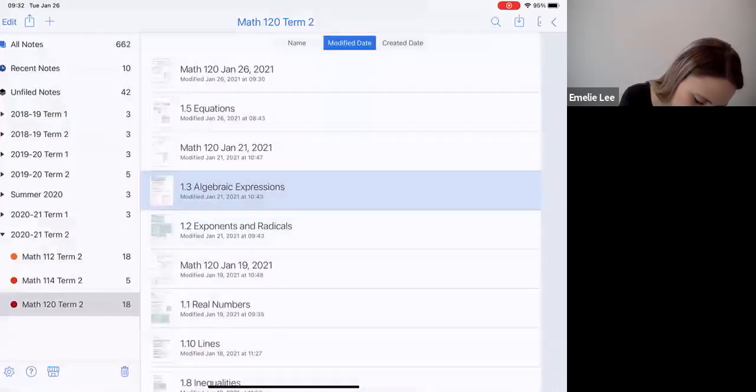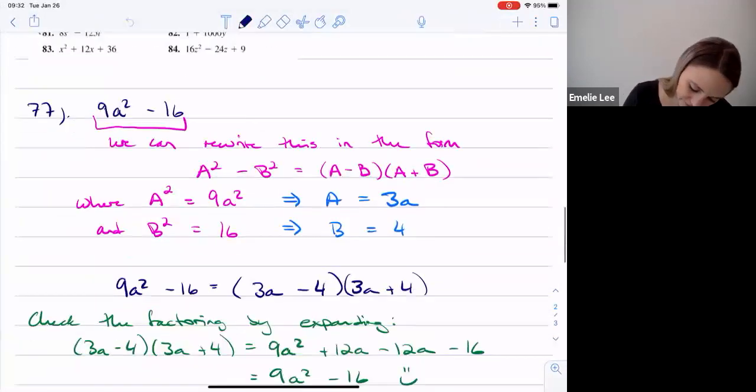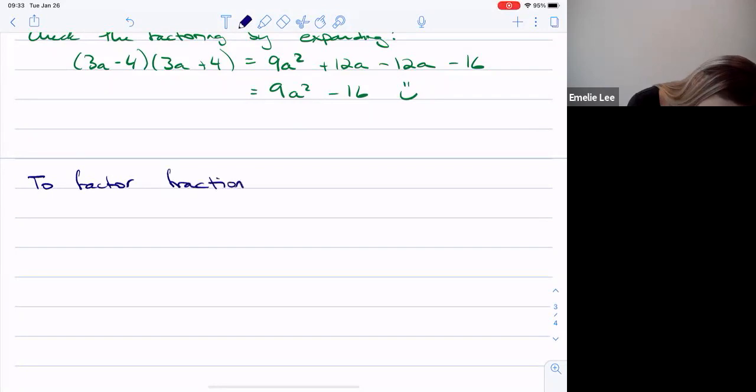So let's go back and write a note here. To factor fractional exponents, the same rule applies.